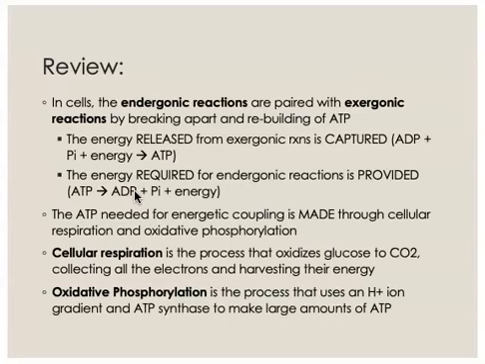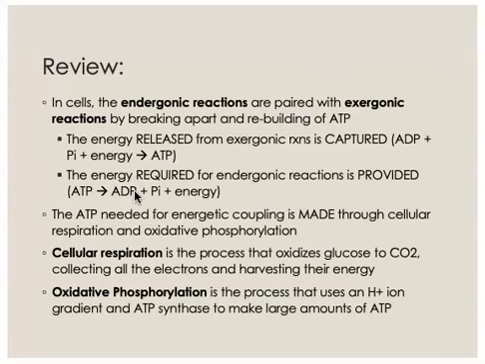When I use the word cellular respiration, I'm talking about the process that oxidizes glucose to carbon dioxide, and along the way collects all of the electrons that get released from the covalent bonds in glucose, and then harvests the energy from those electrons.